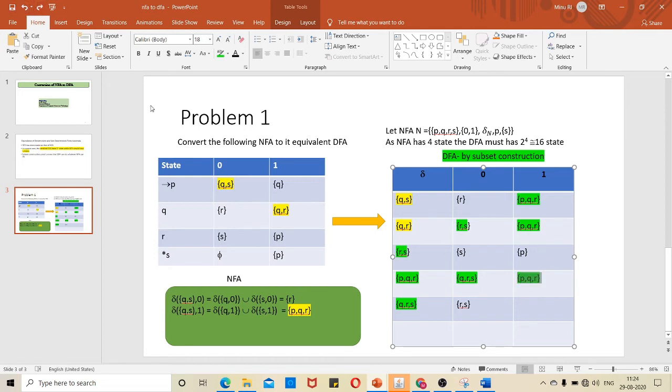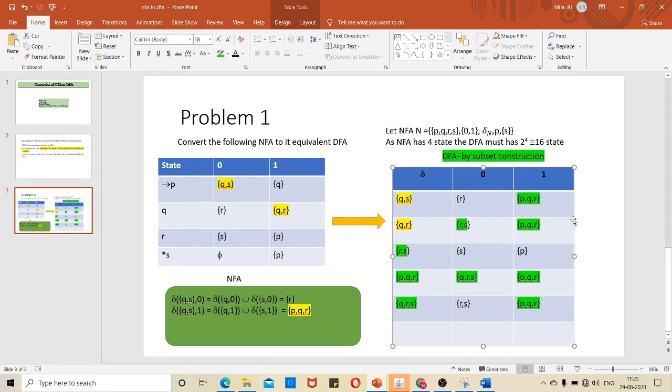Oh, I did another Control C and Control V. Okay, fine. For these we have already found it out, and you can see that there is no more new state, am I right? And we already have the states for r, s, p and all over here.